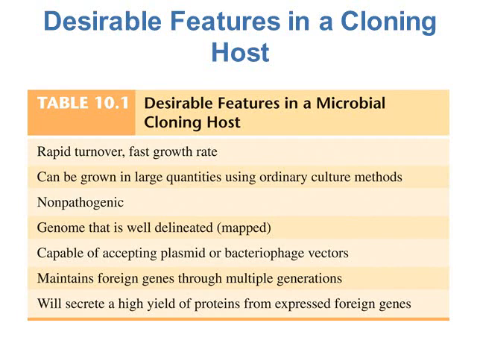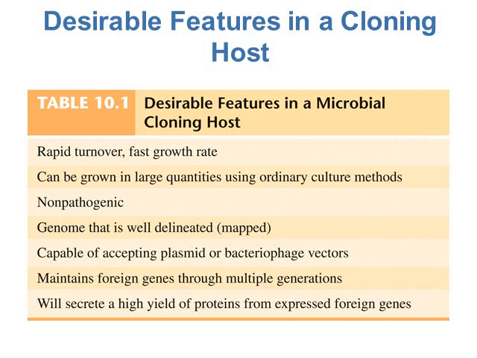We want one that's non-pathogenic, so we don't make our scientists sick. The genome has to be well mapped, so we know where our vector is in the genome of our host. And it has to be capable of accepting the plasmid or bacteriophage vector. It doesn't help if we can't get our vector into our host.